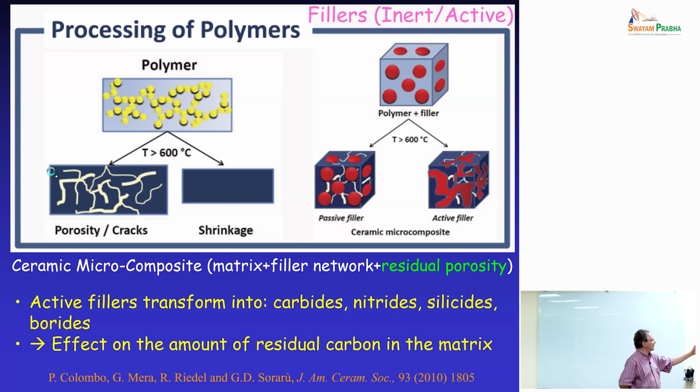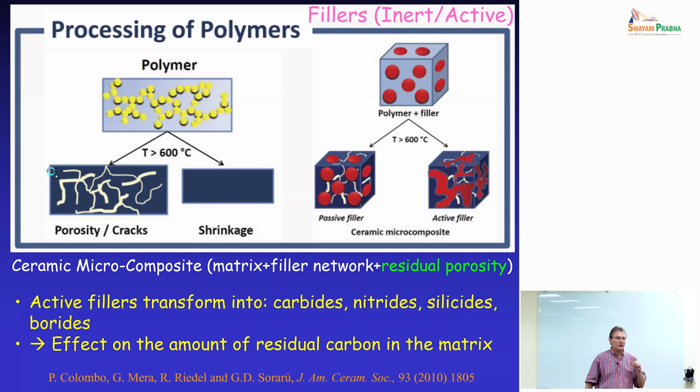If you add fillers, if they are inert or passive, they reduce the shrinkage because you are eliminating volume of the material that is shrinking, but you still get some cracks. But if you use an active filler, what happens is that, as I mentioned, you have the conversion to carbide. And if you look at the density of the carbide with respect to the density of the metal, it is typically 2 to 3 times lower.